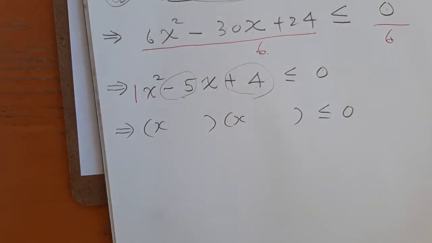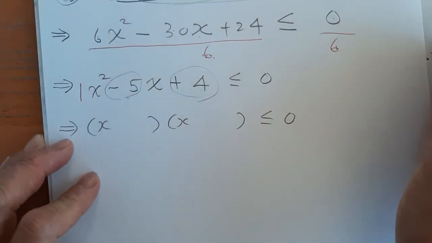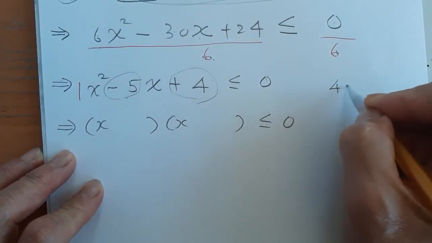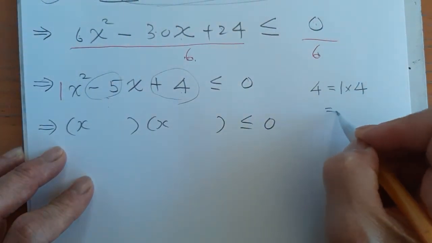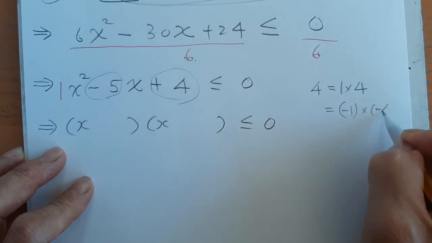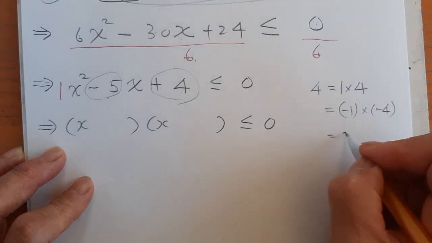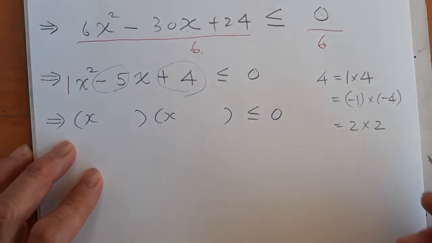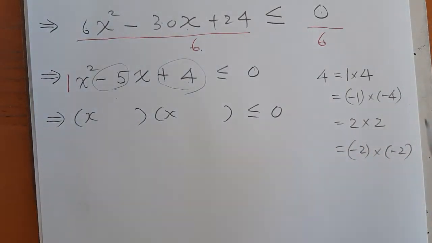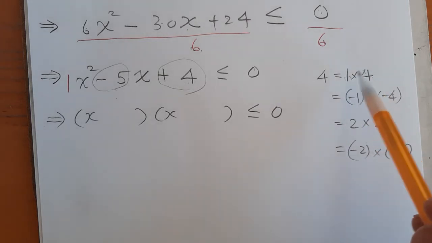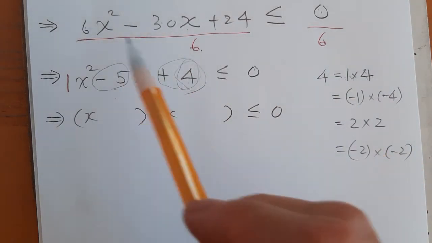Now for 4, the 2 numbers: 4 is 1 times 4, or negative 1 times negative 4, or 2 times 2, or negative 2 times negative 2. We want the two numbers that multiply together to give the constant term 4.